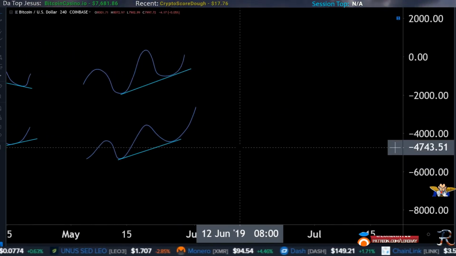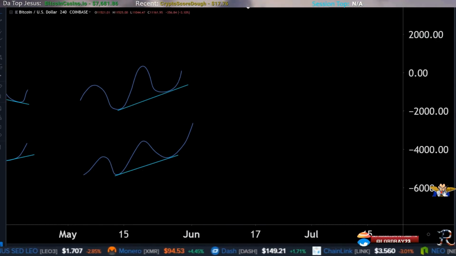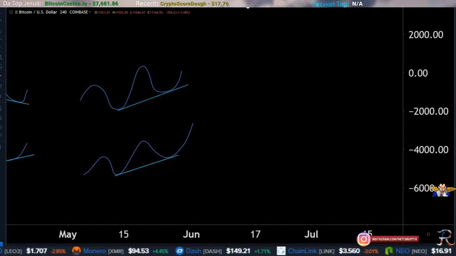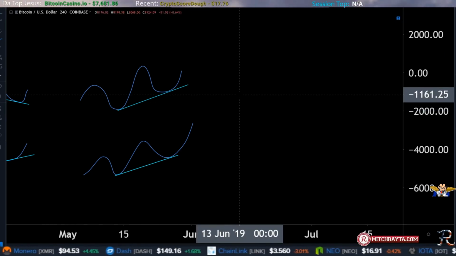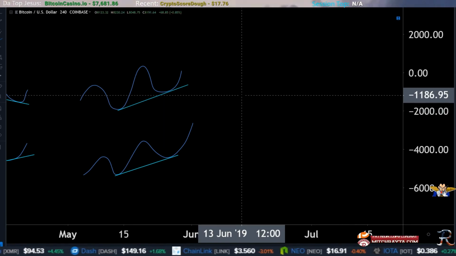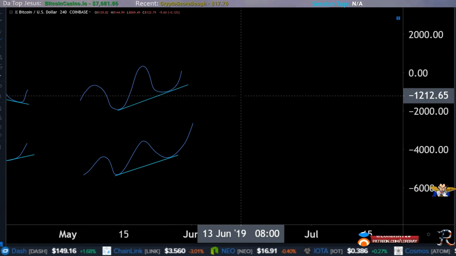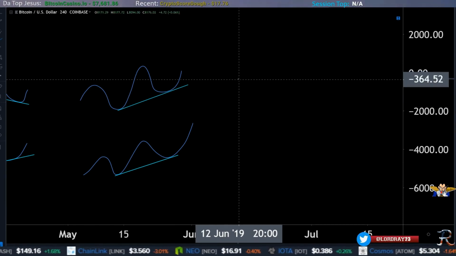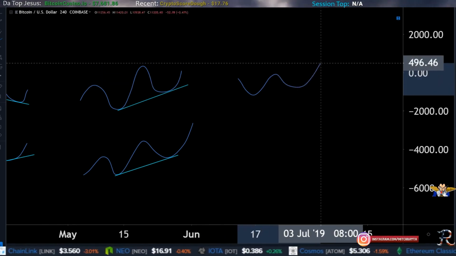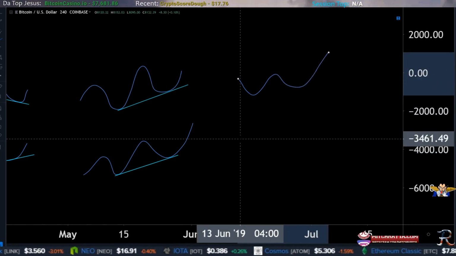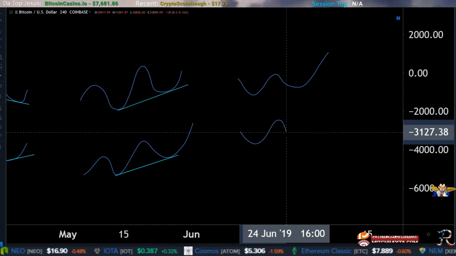But then you can have hidden divergence. There's classic divergence, and then there's hidden divergence. So let's say, for instance, on your price, you make a low, then a higher low on price, but then your oscillator makes a lower low.